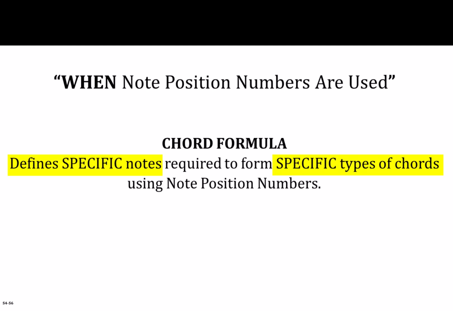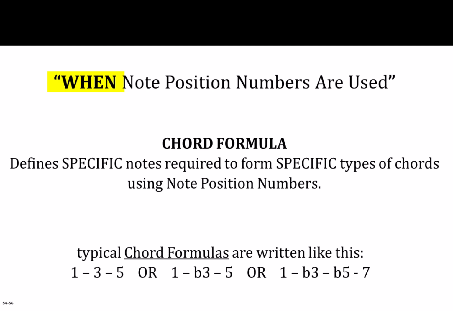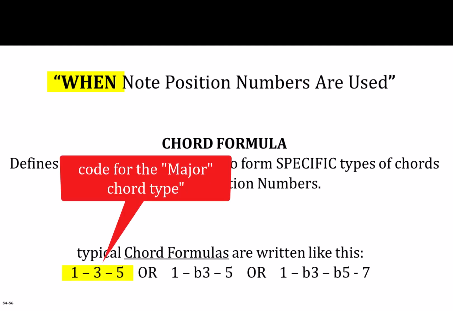Because chord formulas are expressed with note position numbers instead of individual letter note names, this is when understanding note position numbers becomes very important. As you see, typical chord formulas are written or spelled using note position numbers such as 1, 3, 5, which is actually the code for the major chord type.